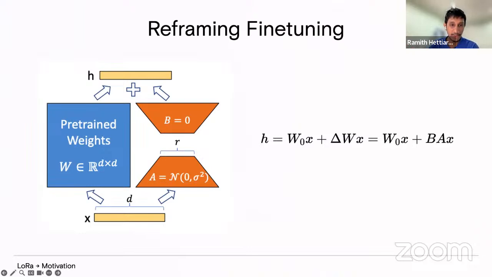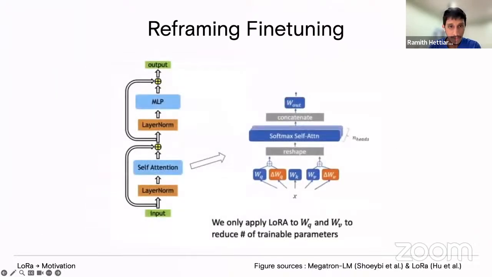They are yet to evaluate this on MLPs and layers with biases, but in the context of the language model, they just do this for the query and value matrix transformations. Understood. Cool. Okay.